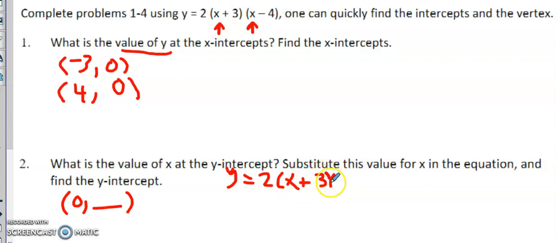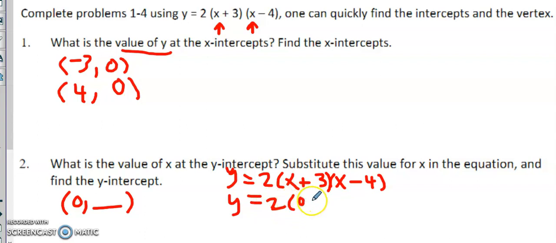And since I already know the value of x being 0, for the y-intercept, I'm going to replace x with 0 to figure out what the answer would be.